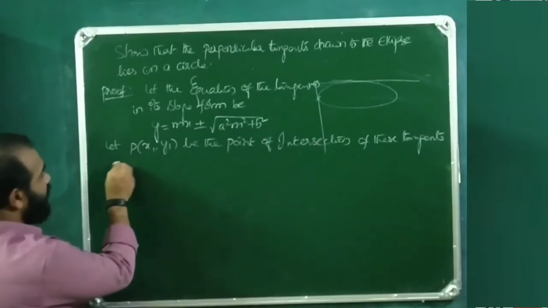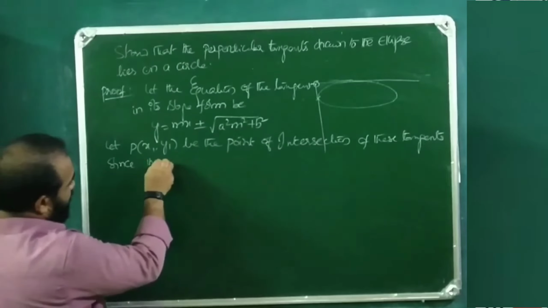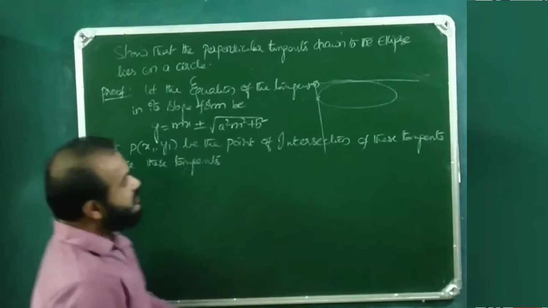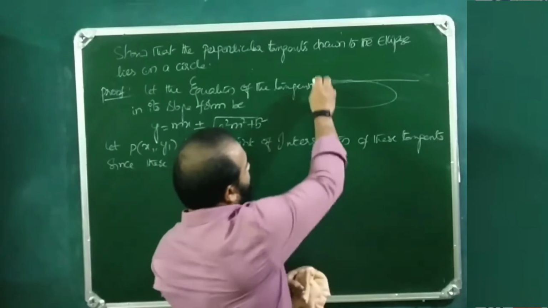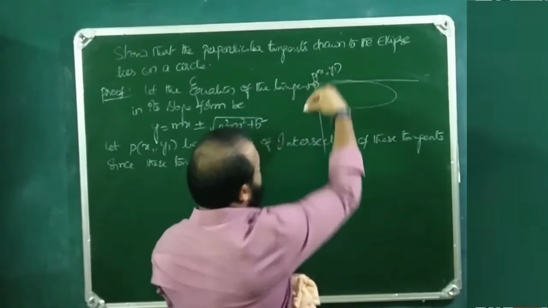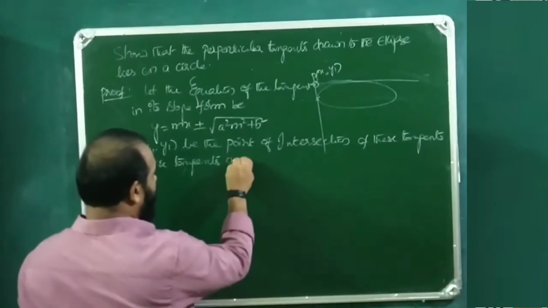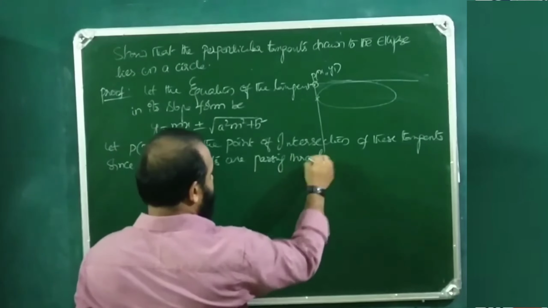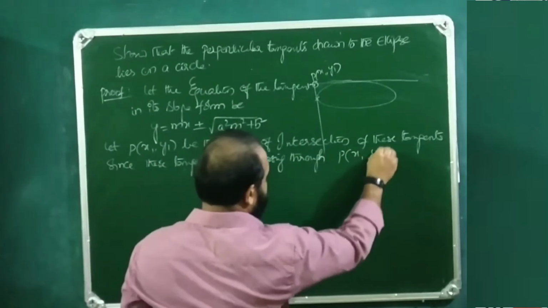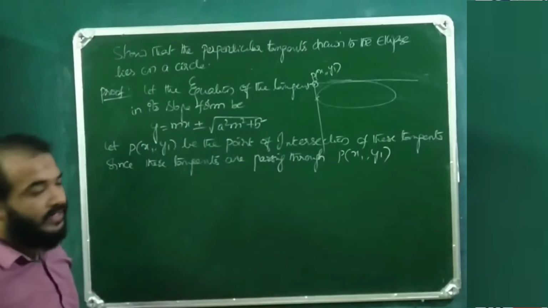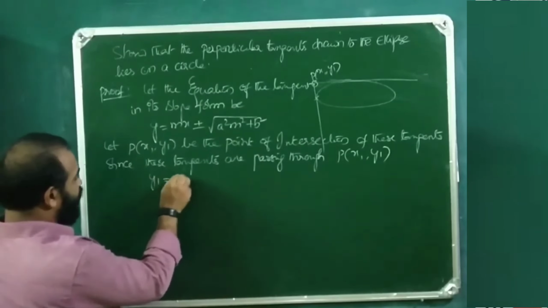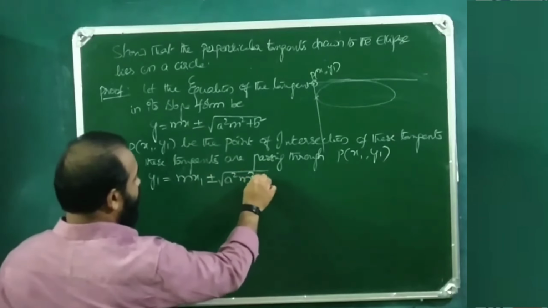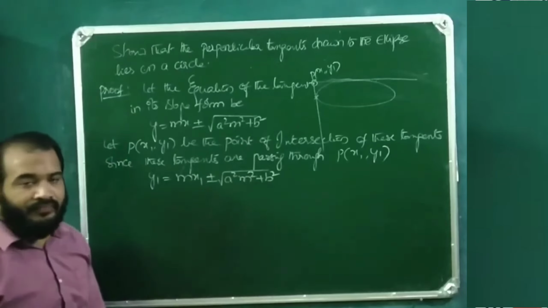Since these tangents are passing through this point P (x1, y1), substitute the point: y1 equals mx1 plus or minus square root of a square m square plus b square.